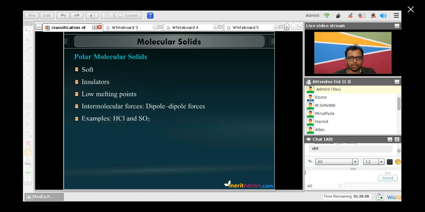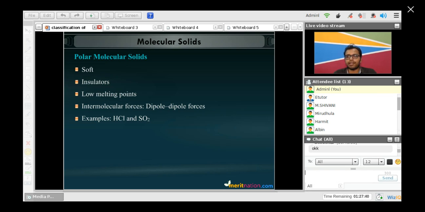Now polar molecular solids are also soft, and polar molecular solids are also insulators of electricity. A polar molecular solid will have some polar nature, so it will have some dipole moment, but it won't be able to conduct electricity, right? Because for conduction of electricity you need free electrons or some charge carrier.